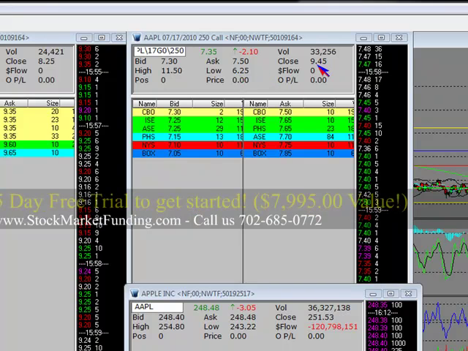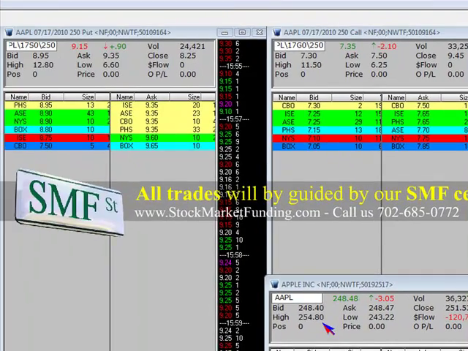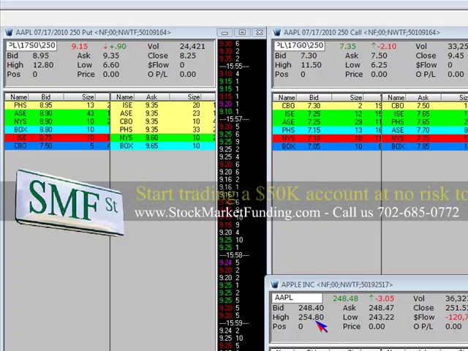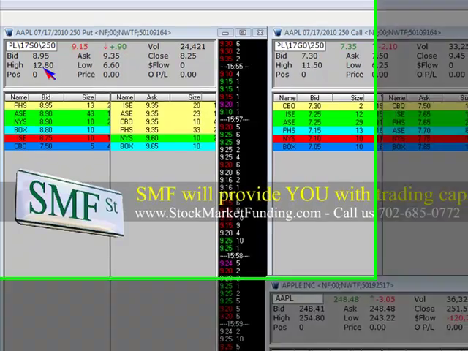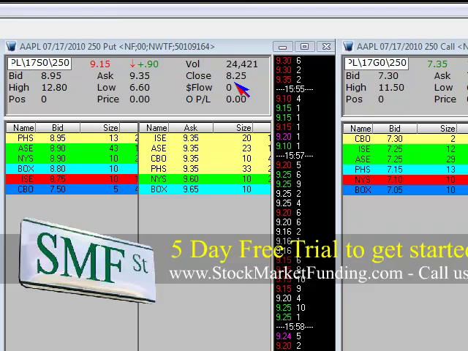Closed at $9.45. So there were nice spreads at times. The range on Apple: high was 254.80, low 243.22, with the put option having a 12.80 high and a 6.60 low, with the previous day's close of 8.25.